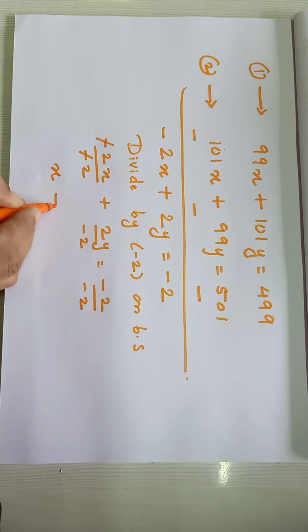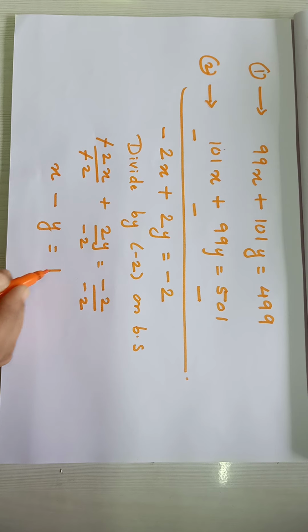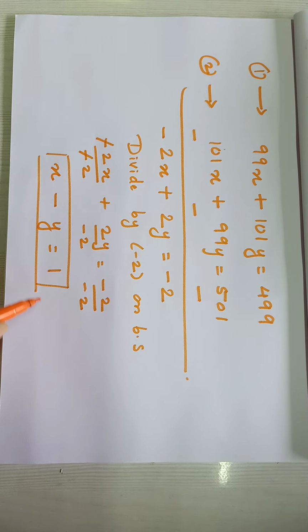So this will be x, the minus sign goes up, ones are y, this will be 1. x minus y equal to 1. So this will be equation number 4. So we have new equation number 3 and new equation number 4. Now let's solve equation number 3 and equation number 4 on the next page.